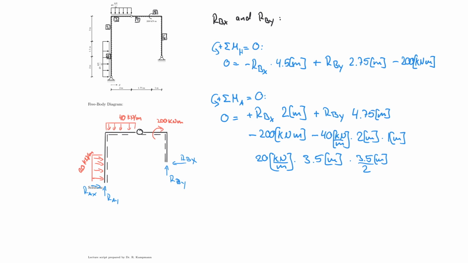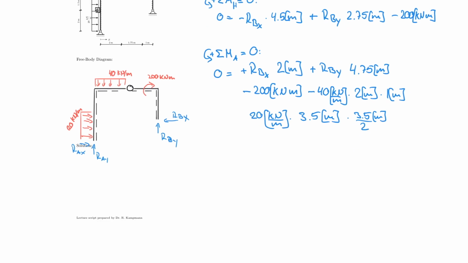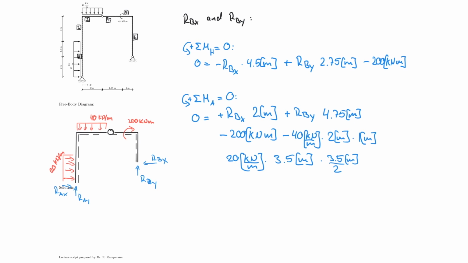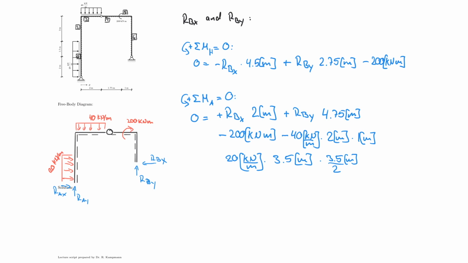In fact, for educational reasons, let's do that right now. Instead of solving these, I'm just going to set up the equations for the other side, maybe on the same page here. So now I'm going to set up the equation for RAY and RAX. I'm going to start with the sum of the moments about the hinge is equal to 0, counterclockwise positive.